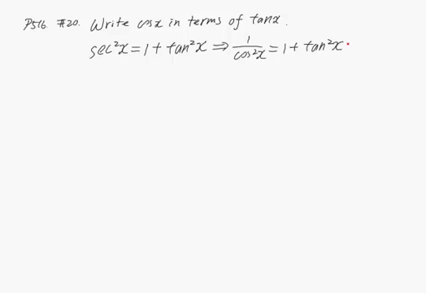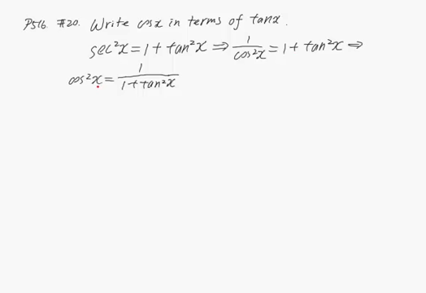And then we flip both sides, then we get the cosine square x is equal to 1 over 1 plus the tangent square x. So actually, we multiply both sides by the cosine square x and divide both sides by 1 plus the tangent square x, right?